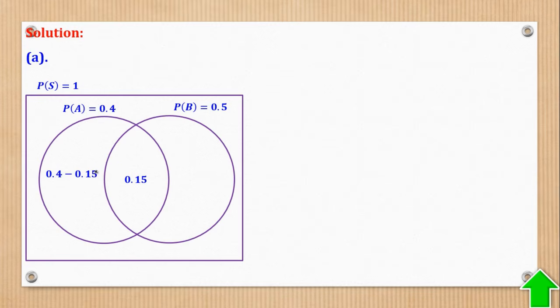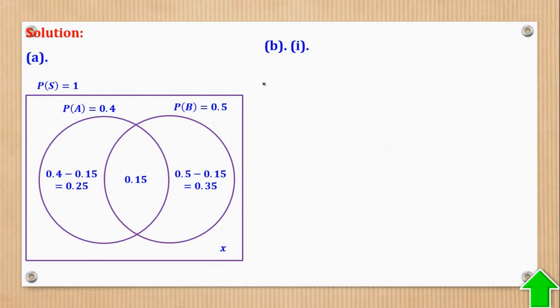That is why we are subtracting. Then when I subtract, I'll come up with 0.25 as the probability for A only, or we can call it A intersection B complement. Then for B only, it will be this minus this to give you this part. And as you can see, it becomes 0.35. Then what is outside, we don't know it yet.